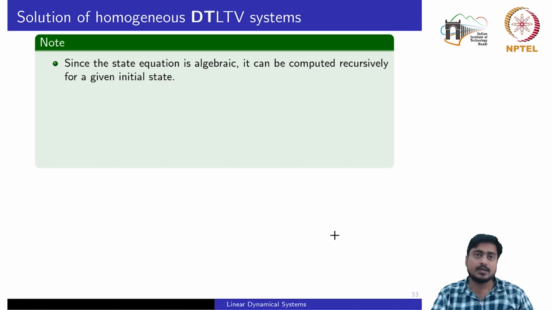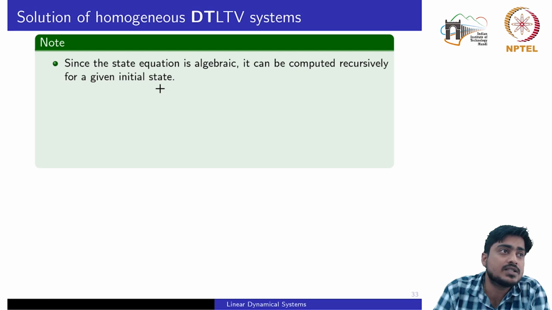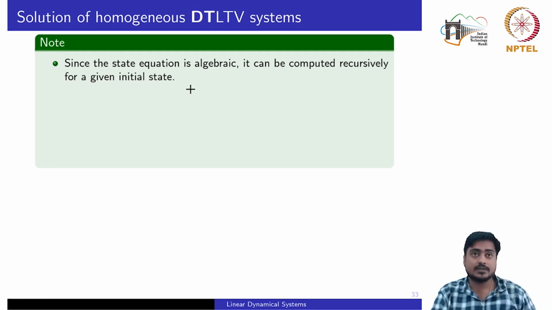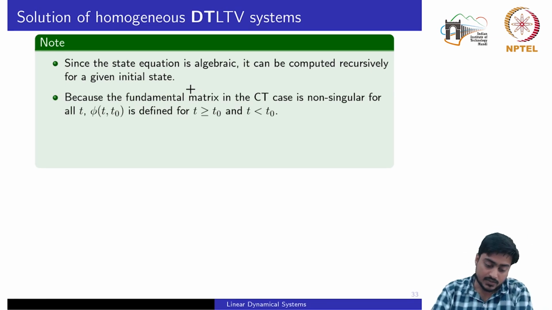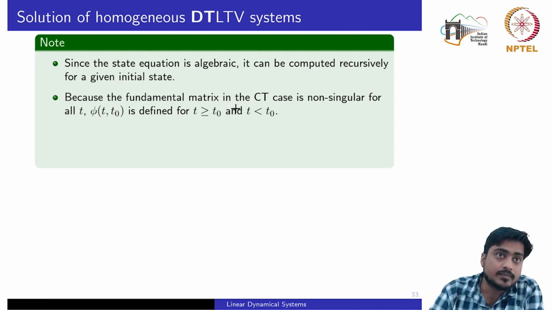There are some interesting points about the state transition matrix. First, since the state equation is algebraic, we can compute this matrix recursively given the initial state. The second point is that the fundamental matrix in the continuous time case is non-singular for all t.